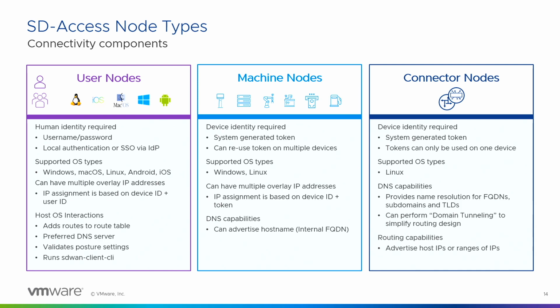The second type of node is the machine nodes. These are non-person entities, meaning they do not have a user associated with them, and they will not be able to log in with a username and password. They need to be authenticated using security tokens, and we only support Windows end users for these types of nodes.